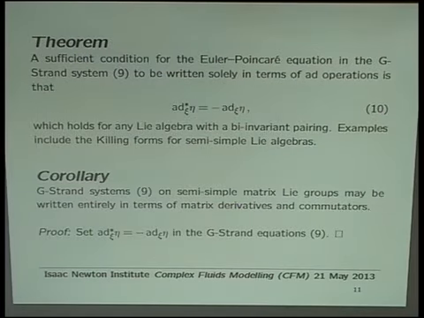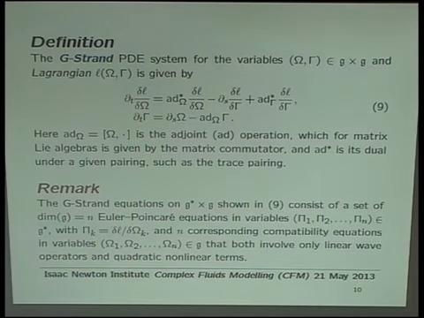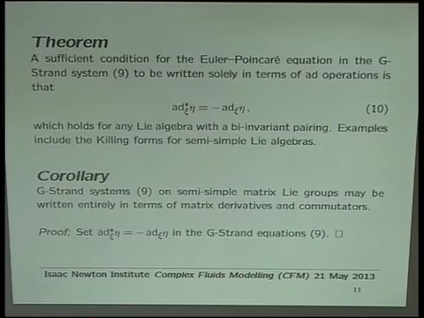Okay, so here's the theorem: a sufficient condition for the Euler-Poincare equation, which is written in terms of the ad stars, to be expressible in terms only of ads, is if ad star is equal to minus ad.